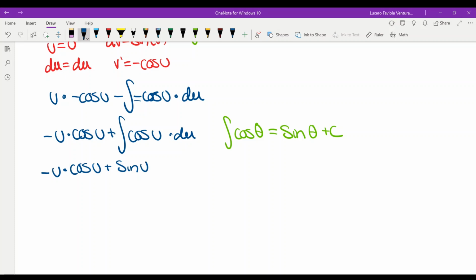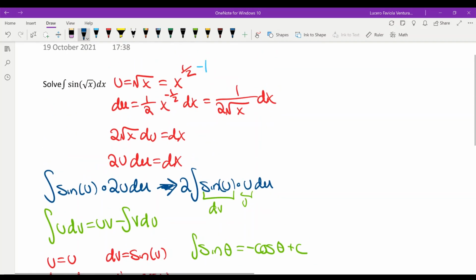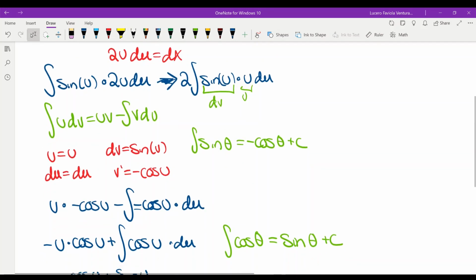However, we're not done yet, because if we recall, this was not the whole function. There was also a times 2 here. We integrated everything else right here. However, we have not multiplied it by 2.